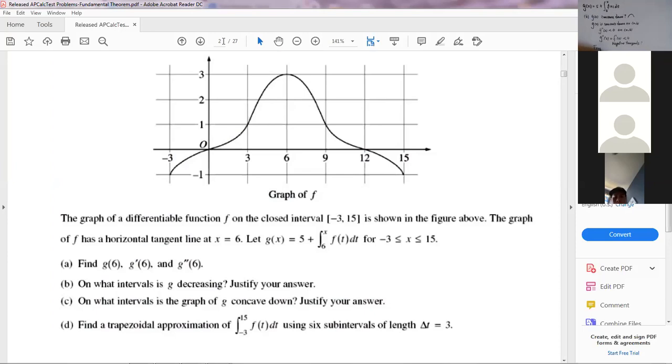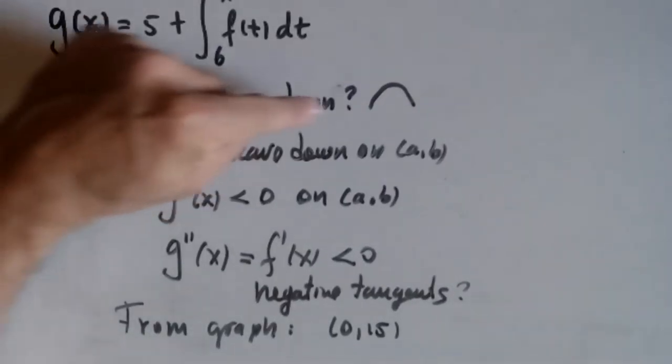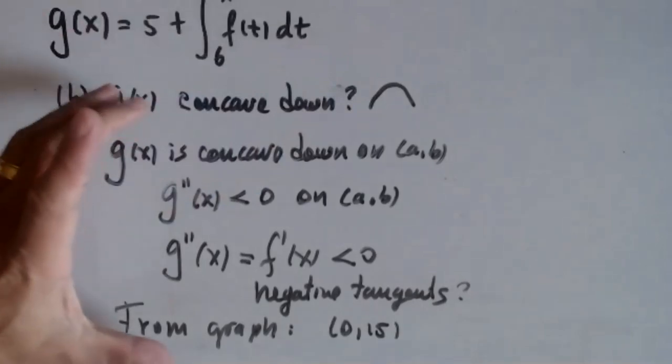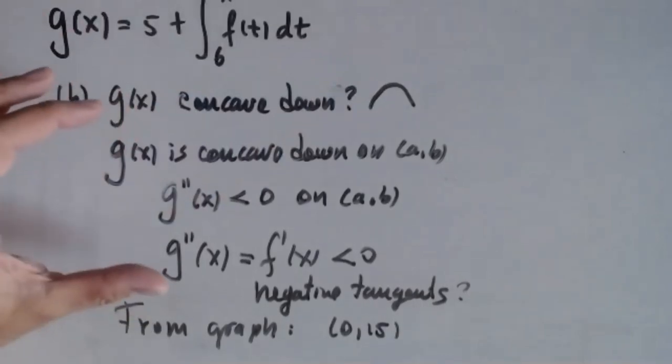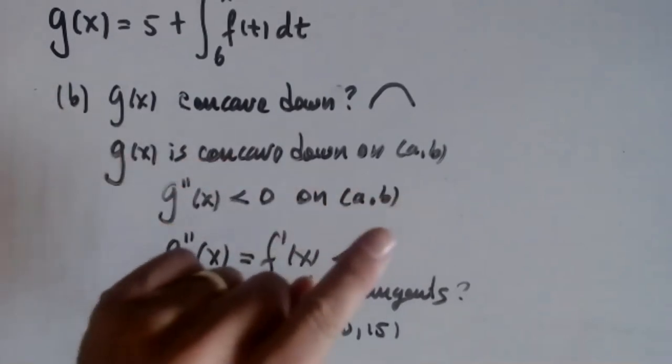So from the graph, so this is my answer. This is my reasoning. Remember, if you want all the points, you have to state your reasoning because they want you to justify your answer. G is concave down on this. This is your concept.